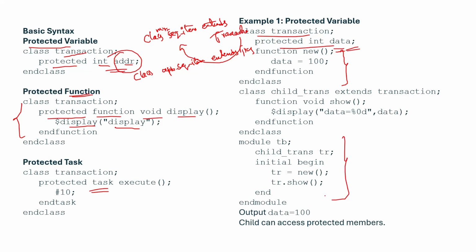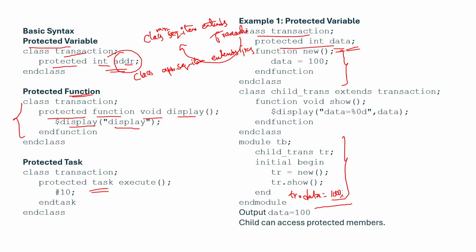Okay, so this is TB. But you don't have the permission to access directly transaction dot data equal to 100, or 1000. In this way, you don't have the access to assign manually. Directly you can't access these protected variables in your test bench. Actually, how we are accessing in the normal way, right?